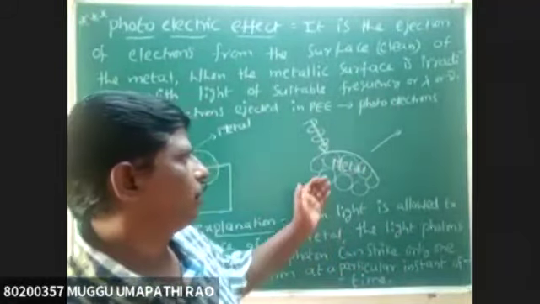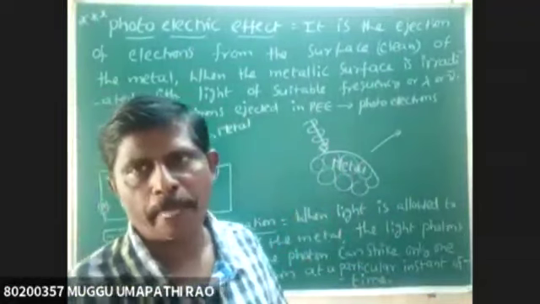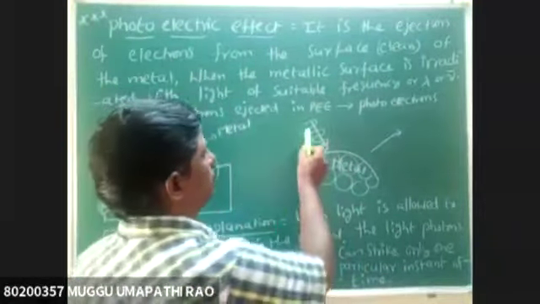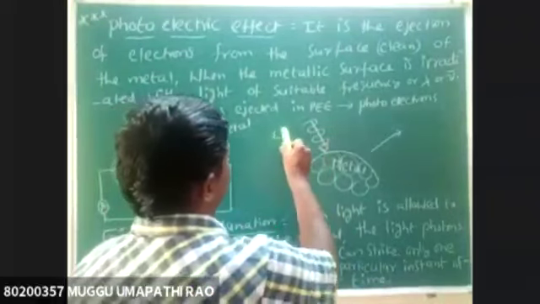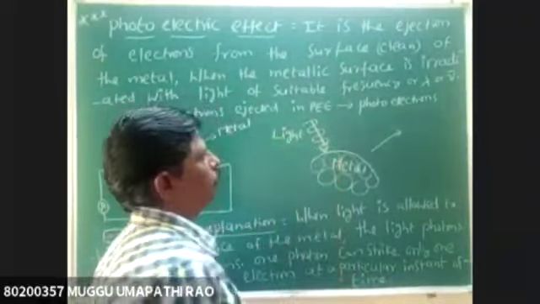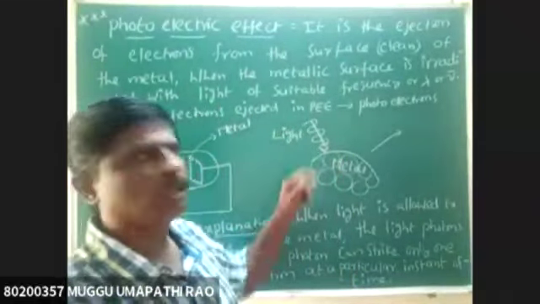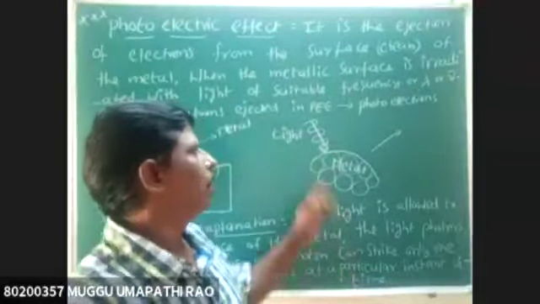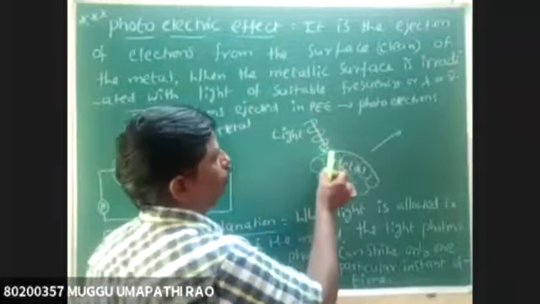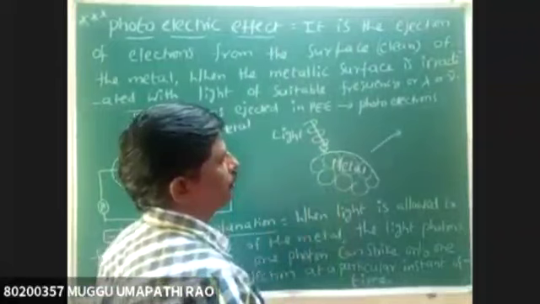What I am saying is, I have taken one metal and light of suitable frequency or suitable wavelength or suitable wave number is allowed to fall on the surface of the metal.